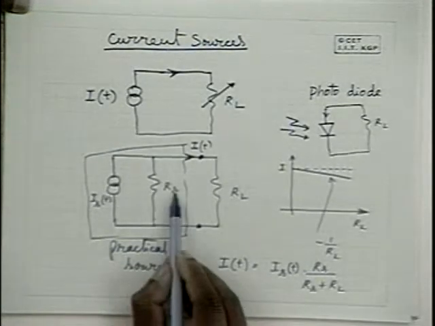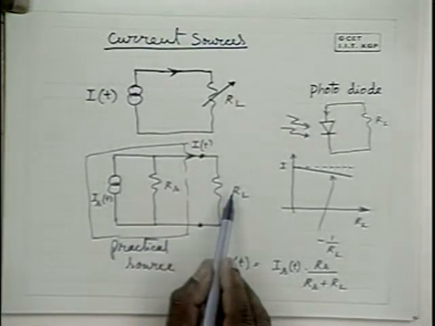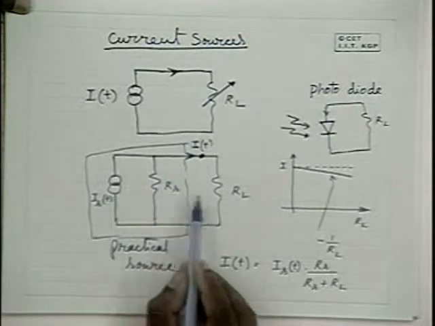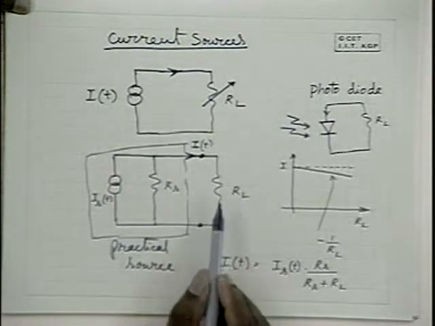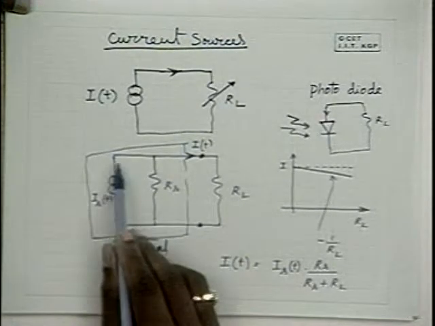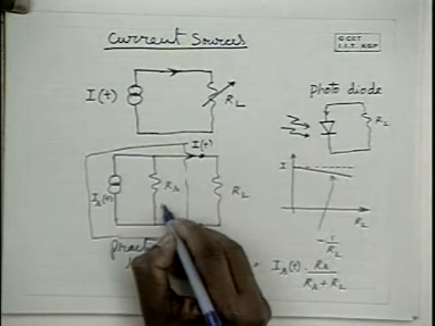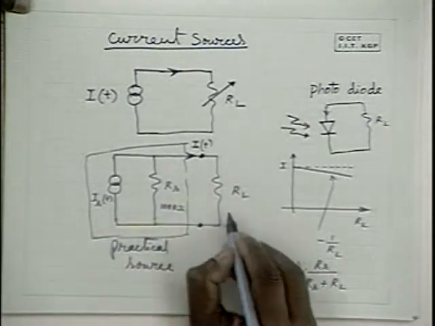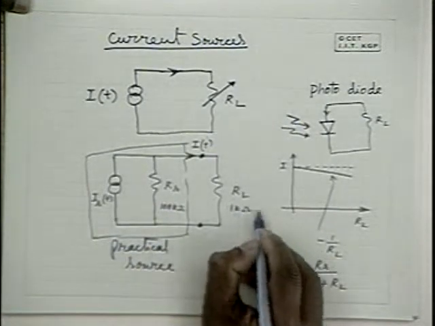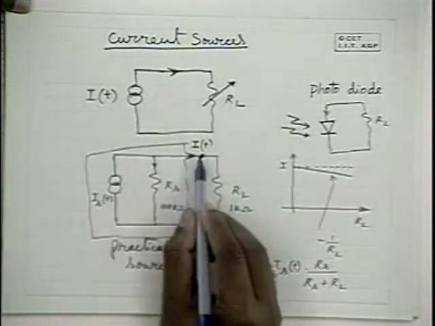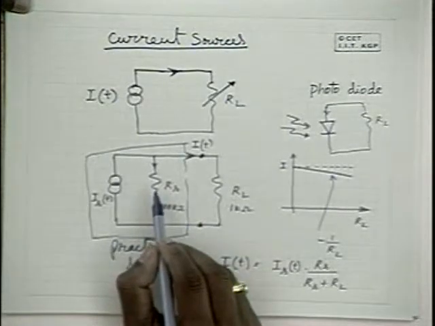In this case RS should be much larger than RL. Otherwise, if RS is smaller than RL, then this current appreciably changes with changing RL. If this is of the order of 100 kilo ohms and this is 1 kilo ohm, the current flowing through this and the current flowing through this are in the ratio of 100:1.